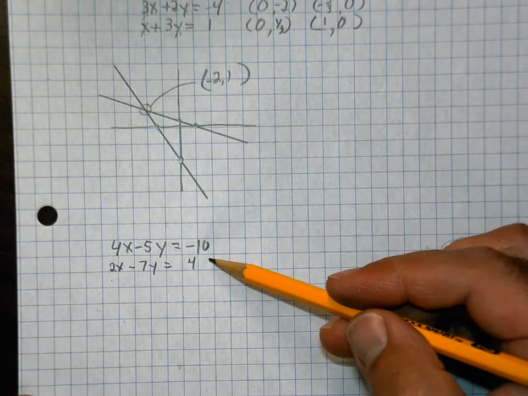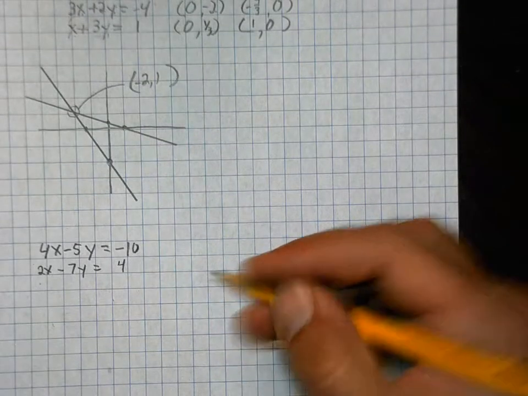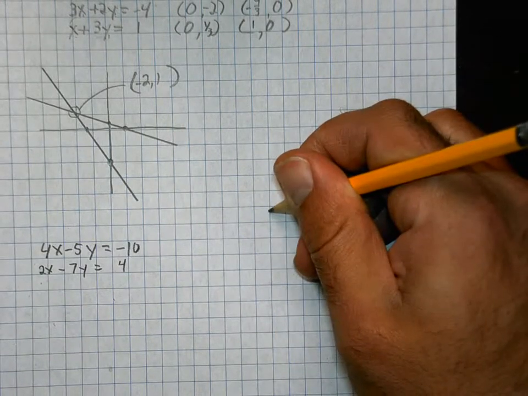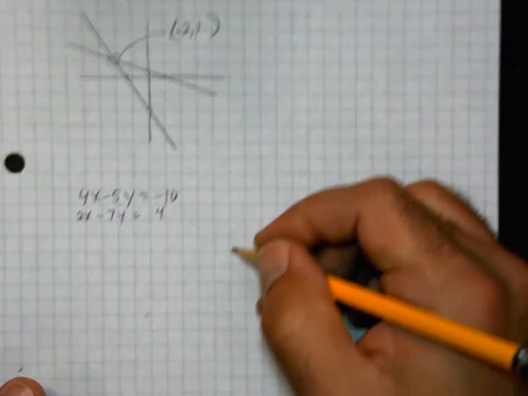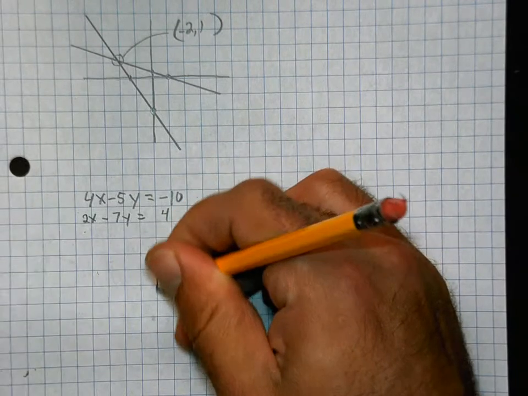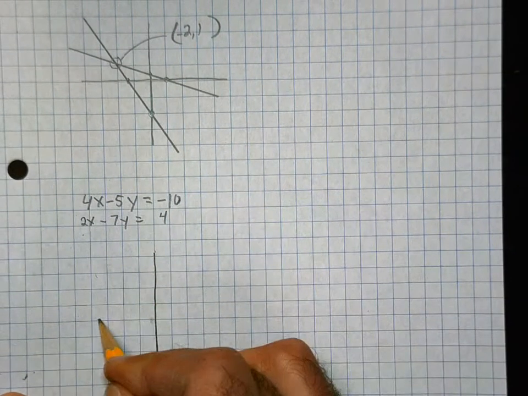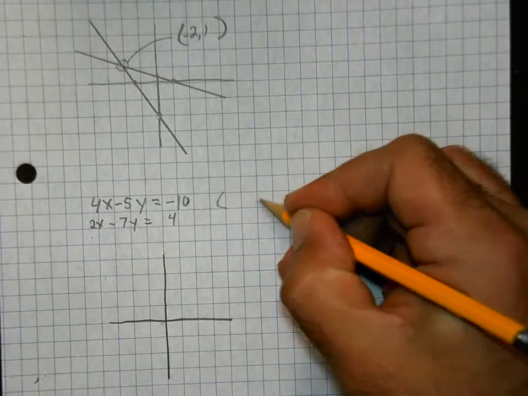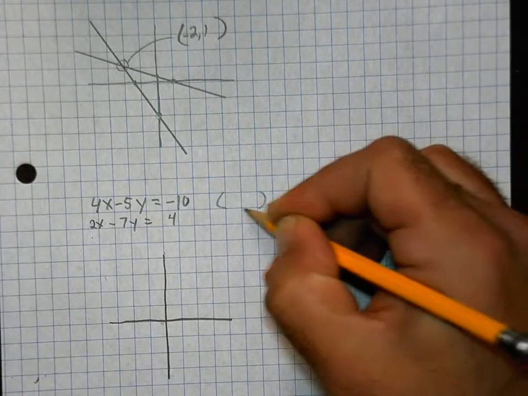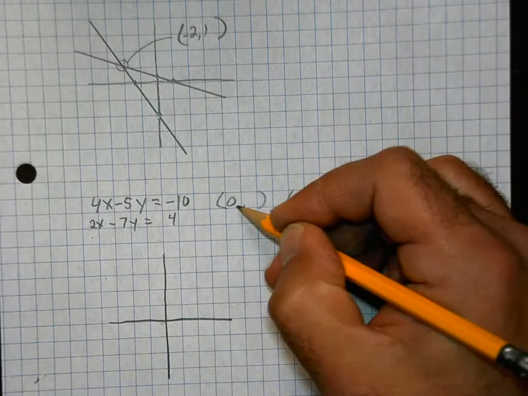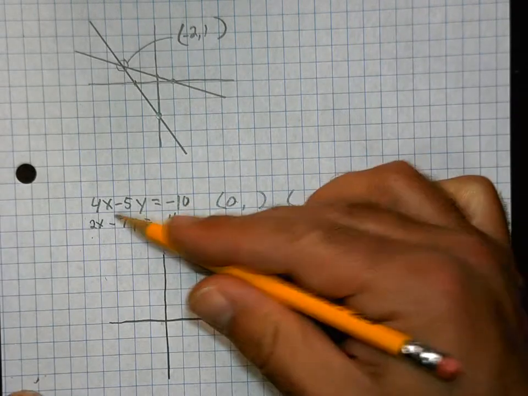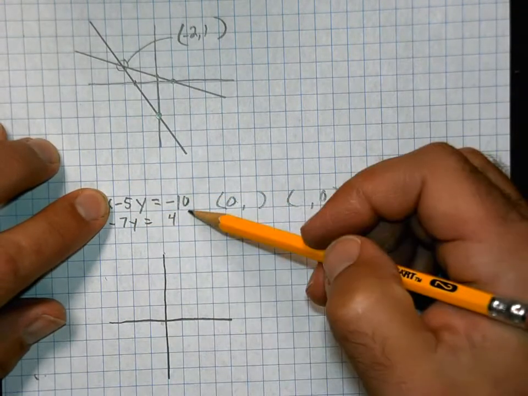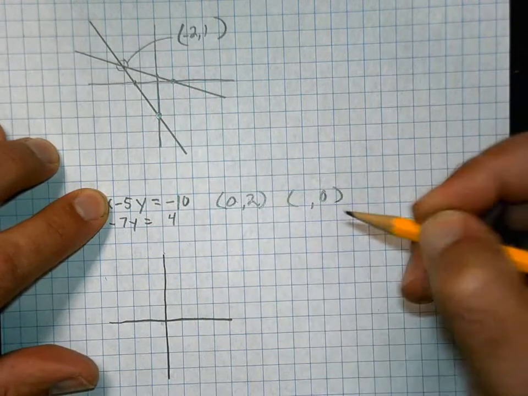Alright, let's find intercepts on this one just like we did the last one. Y-intercept, plug 0 in for x, divide by negative 5, I get 2 there.